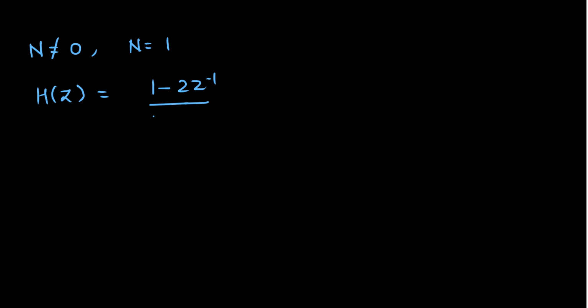So what we will do is, let us consider the value of n not equal to 0, and for simplicity let us consider this n to be equal to 1. So consider an example, say H of z, which is given as 1 minus 2z inverse divided by 1 minus 3z inverse.